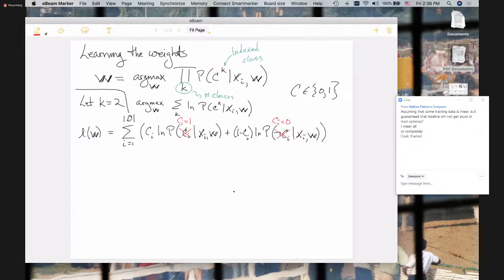Because here what I'm doing is I'm conditioning on the actual state of the class variable. So in the first one, it's the probability that the class is class 1. And in the second term, it's the probability that the class is class 0. Okay, and I think that's a little bit clearer.